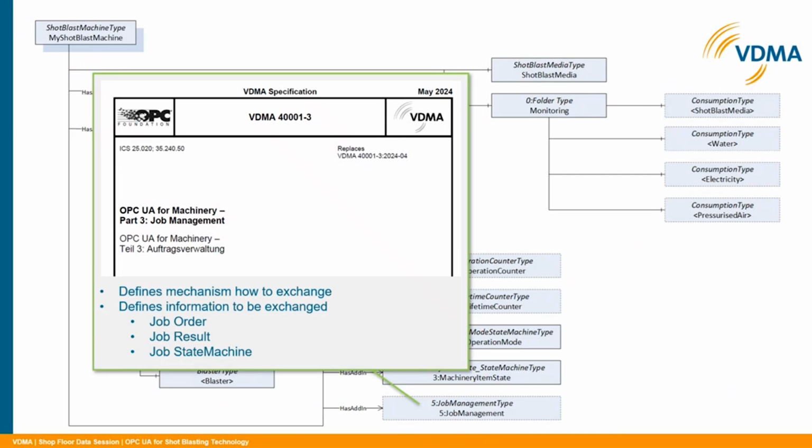And you also find the information how this information should be structured. So you find the job order definition, you find the definition of the job result. So what parameters, what variables should be in the job order and in the result, you find this information here in the job management specification of the machinery. And even a job state machine is designed here in the job management specification that can give you the information for each job, in what state it is.